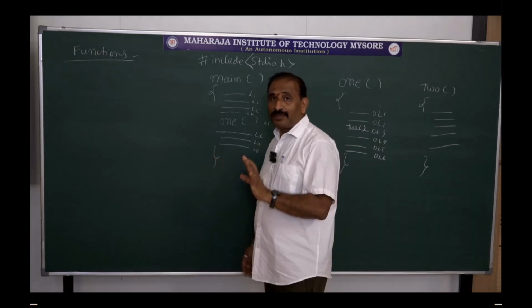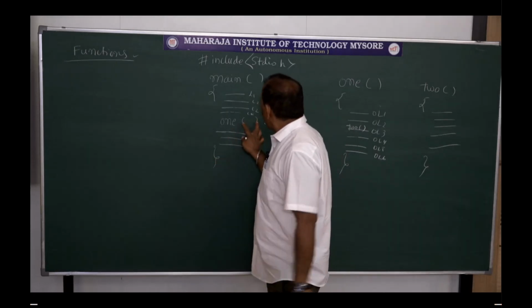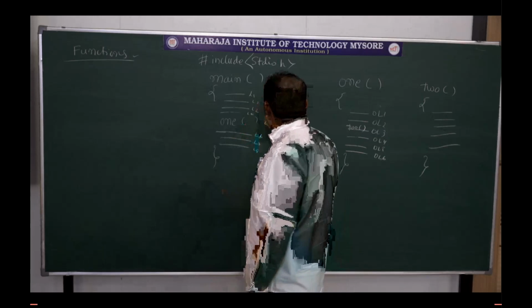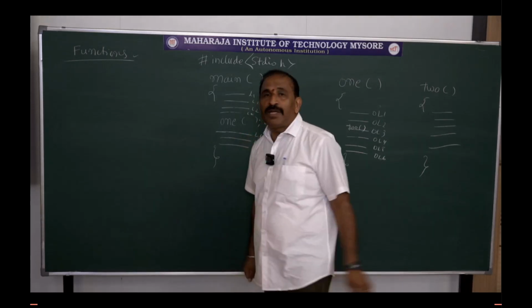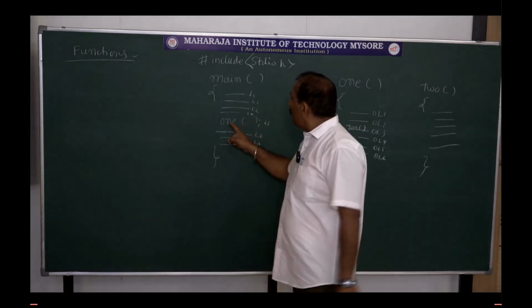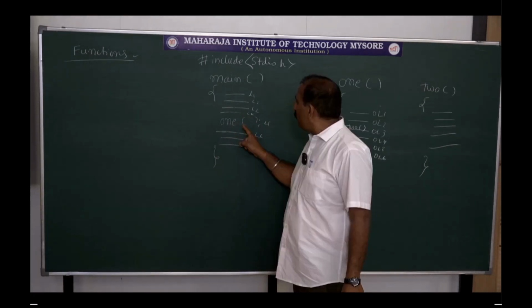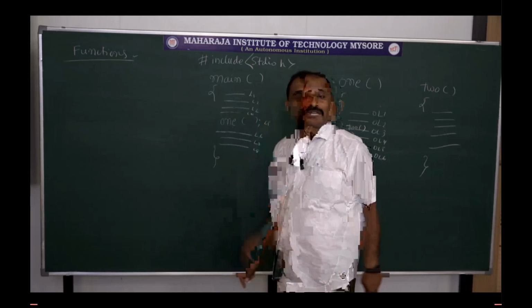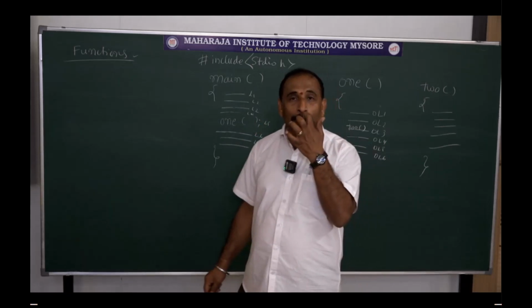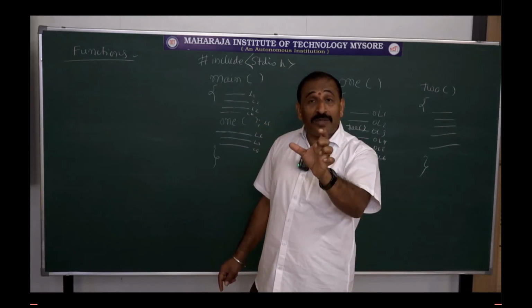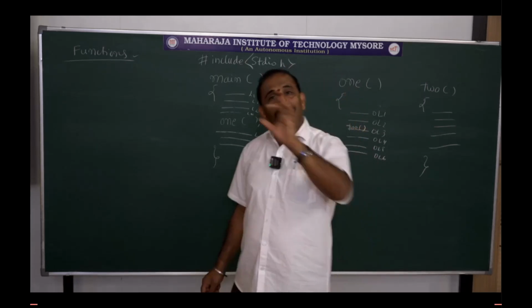Naming is important. Second, you will be having brackets followed by a semicolon. You are calling, and this statement is completed. This open bracket and close bracket will be there. Next, there are certain rules to be understood very clearly.